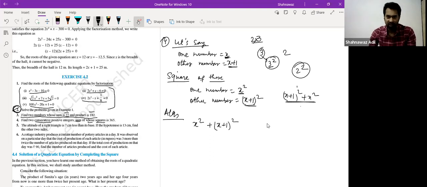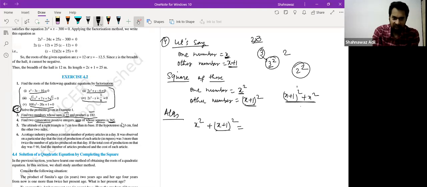Okay, so this is also the sum. The sum of x square and x plus 1 square is the given information. And this is how much? The sum of squares is 365, right?